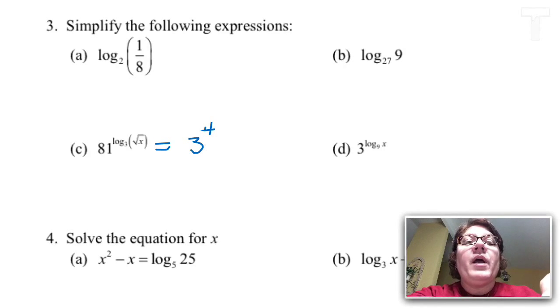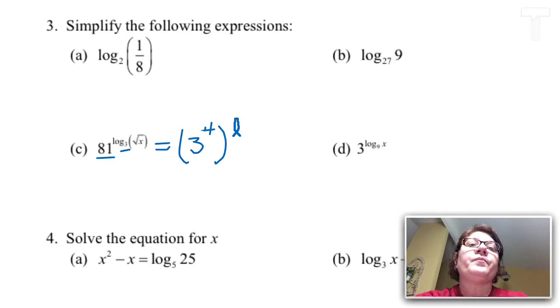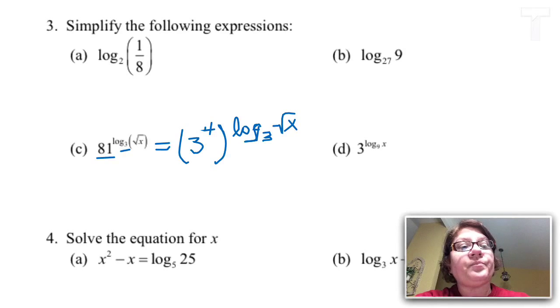So, of course, when I have an exponential base and a log base, I'd like to try and get them to match. So what I'm thinking is I could rewrite that as 3 to the 4th. And then I note that, because of course power to power I multiply, it's going to take down this parentheses, right?